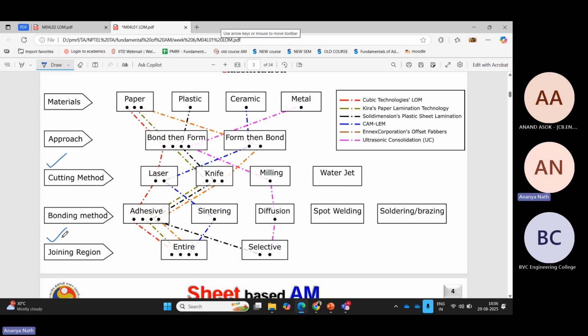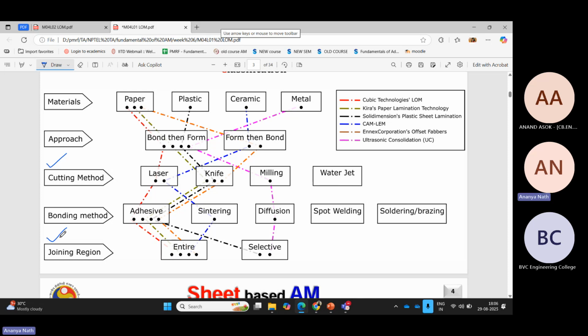We join the selective portion of the whole build plate. But in a few processes under sheet lamination, we join the whole region. After the process, we remove the excess part around the actual part.